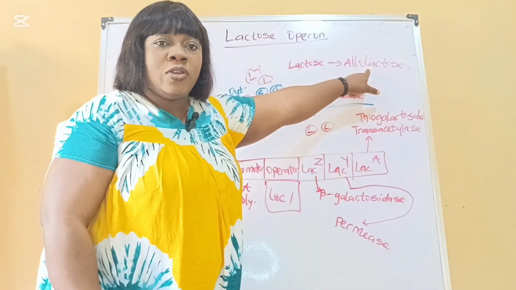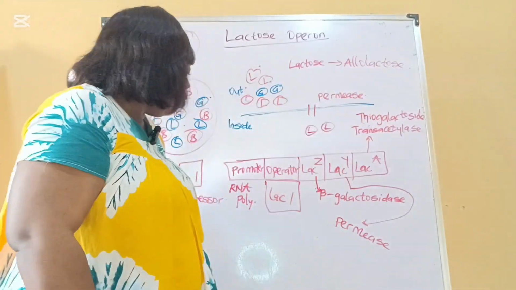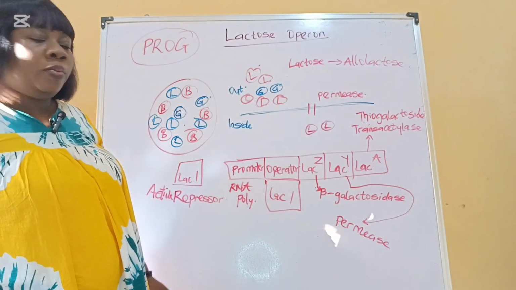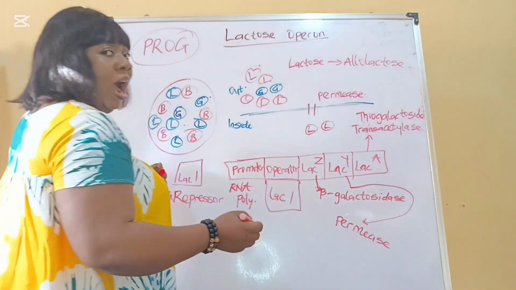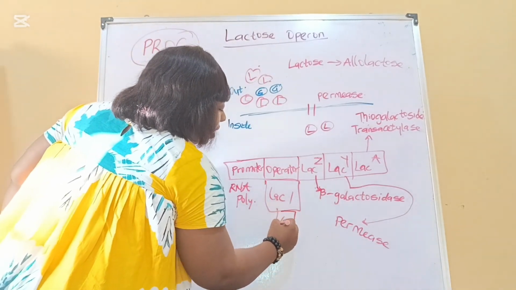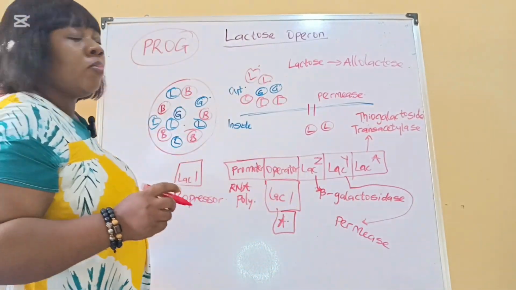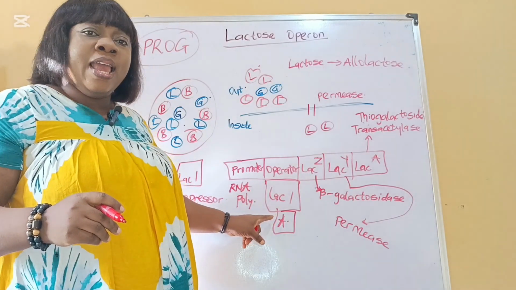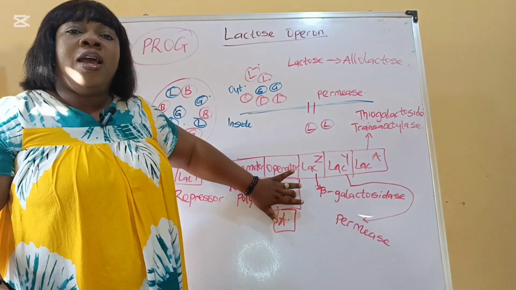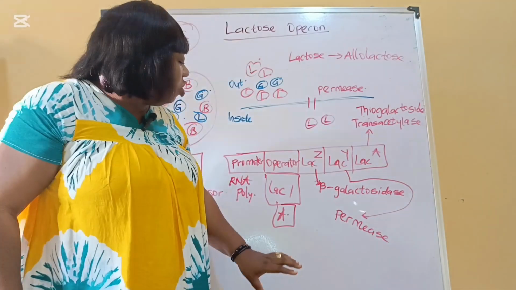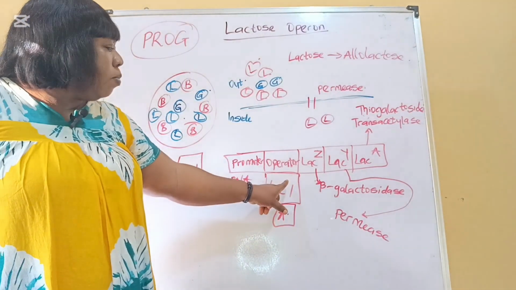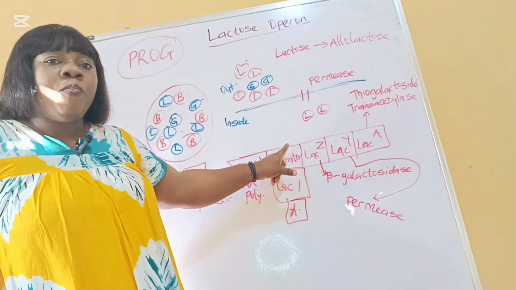This allolactose will now bind with our active repressor. So when our allolactose binds here, I'm using A to represent allolactose, there will be a change in the conformation of this repressor. When there is a change in the conformation of this repressor, it will not be able to bind with this operator.